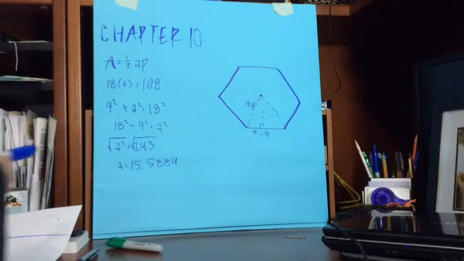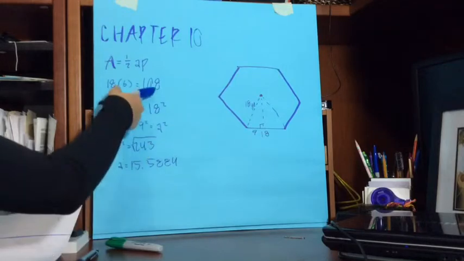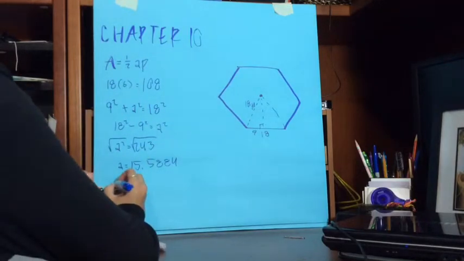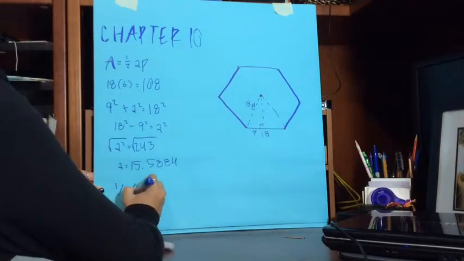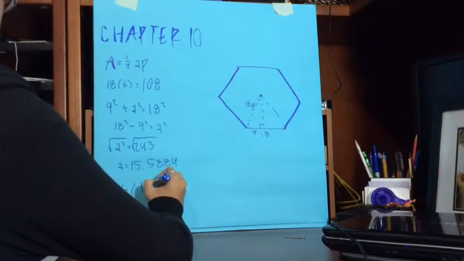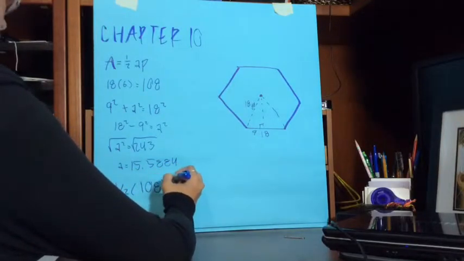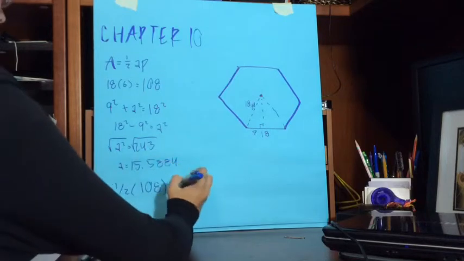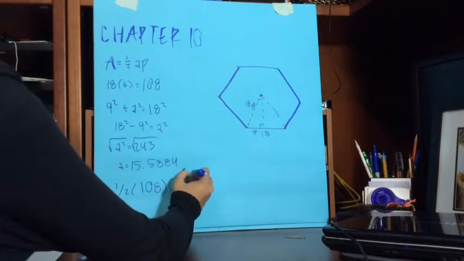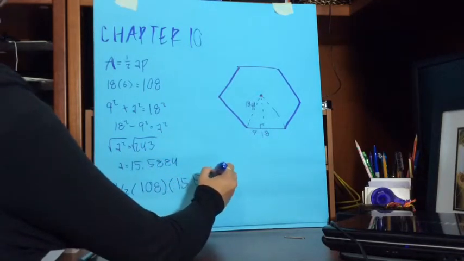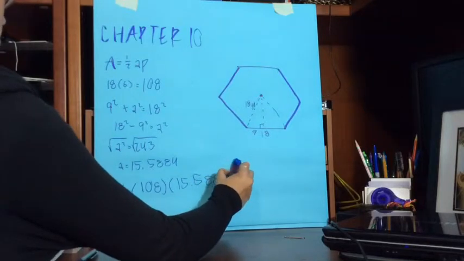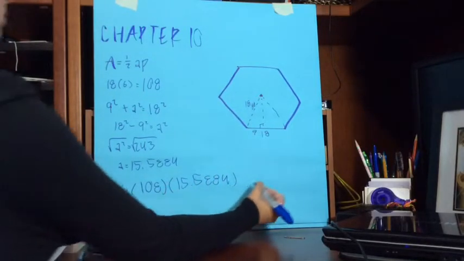The next thing you're going to do is plug these two values into your equation. So you get half times 108, which is the perimeter, times the apothem, which you can just bring down from your calculator so you get a more accurate answer. On your paper here, you can just round.